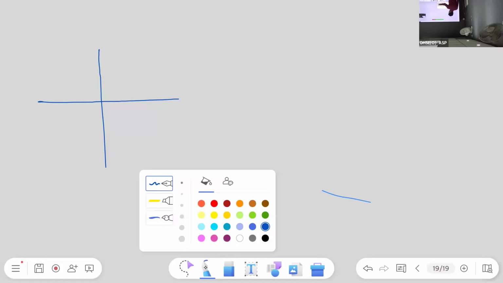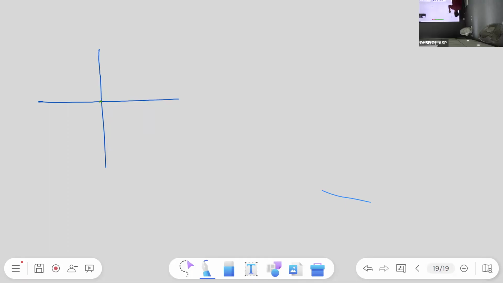Let OP be a revolving line. Suppose P is at this position. Now join O with P. Let the distance OP be equal to r.